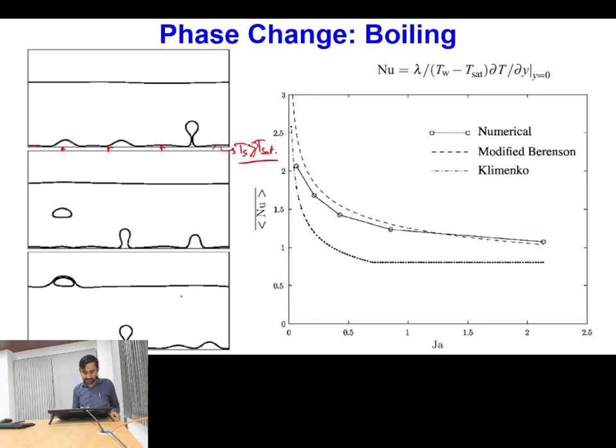Using this method, this is the surface average Nusselt number and this is the time average Nusselt number. If you plot the time average Nusselt number as a function of Jacob number, then this numerical model is matching mostly with this modified Berenson equation, which is an empirical equation for determining the heat flux in the film boiling regime.